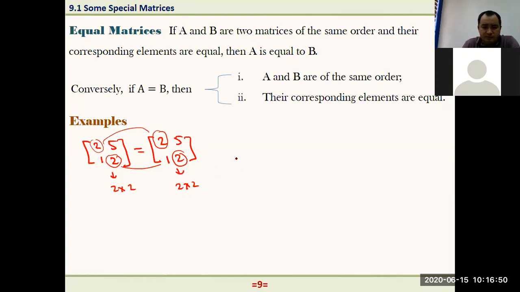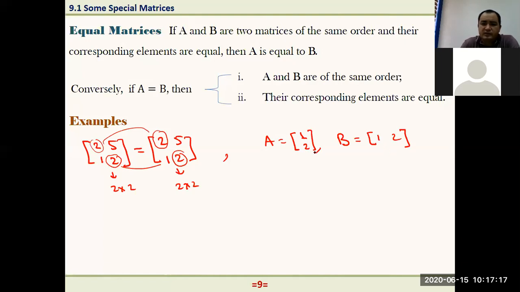They are equal. But how about these two matrices? Let's say matrix A has entries 1, 2, and matrix B, let's say it is 1, 2. Right? So now if you check this, the first entry is 1, 2. So here we also have 1 and 2.